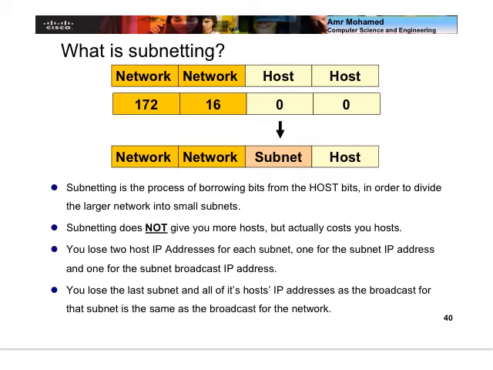So instead of having one network and one broadcast for the entire range, now you have to break it down into subnets and have one broadcast and one network address for each subnet, which is a price that you have to pay for subnetting.